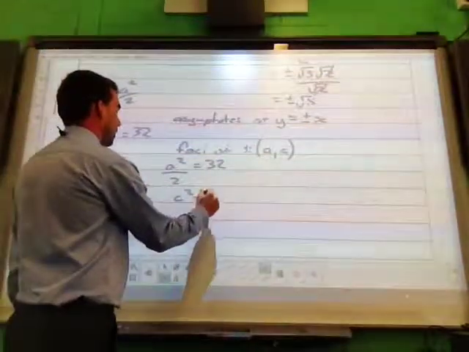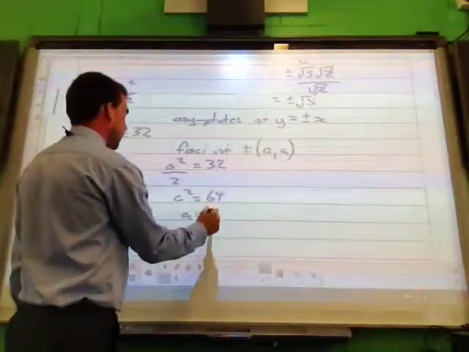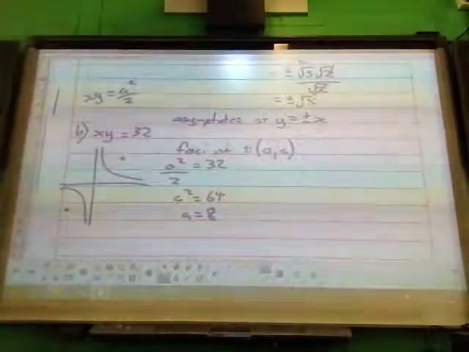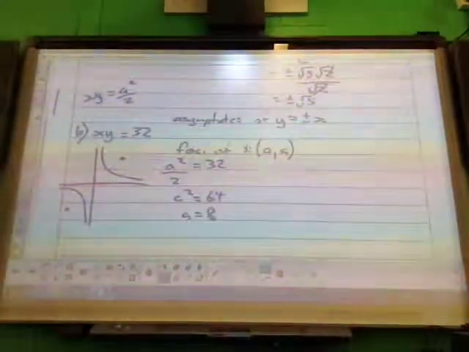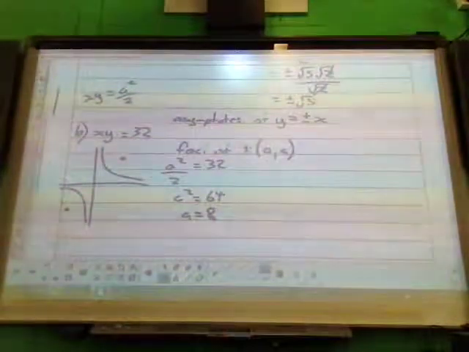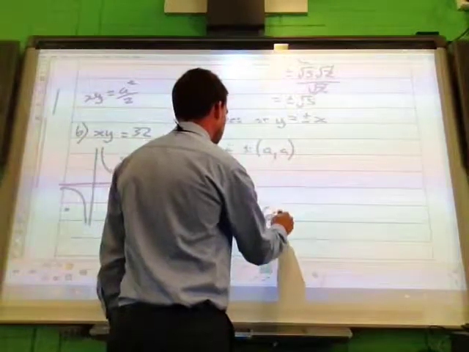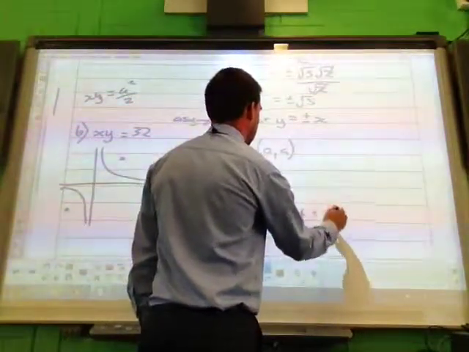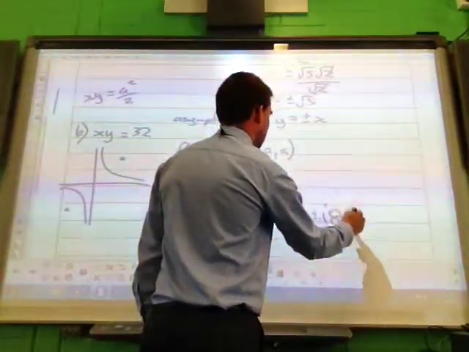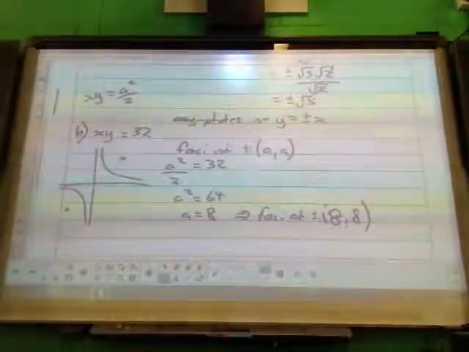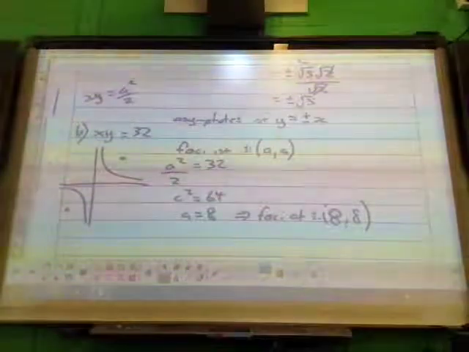Okay, a squared is 64, a is going to be 8, just for the positive case, because we've already taken care of that. So 8, 8 for the coordinates of the foci, plus or minus 8, 8.